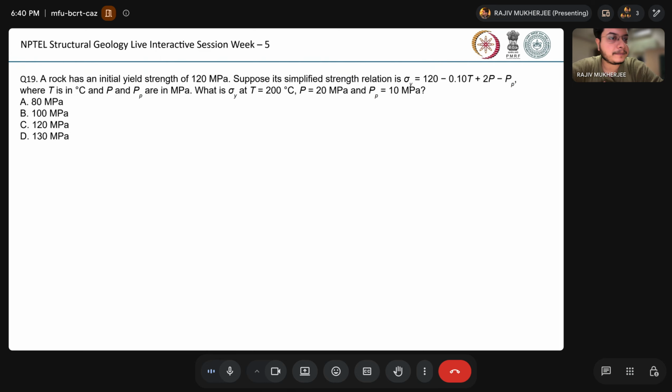So what will be the sigma y, the yield stress, if the temperature reaches 200 degrees centigrade with a 10 megapascal increase in pore pressure while staying at a confining pressure of 20 megapascal? And so the options are 80, 100, 120 and 130 megapascal, right?